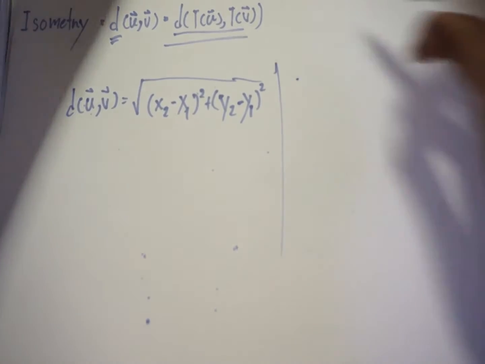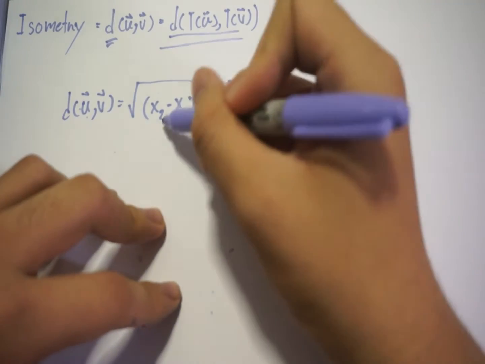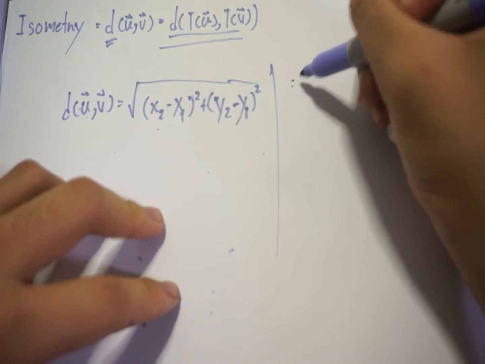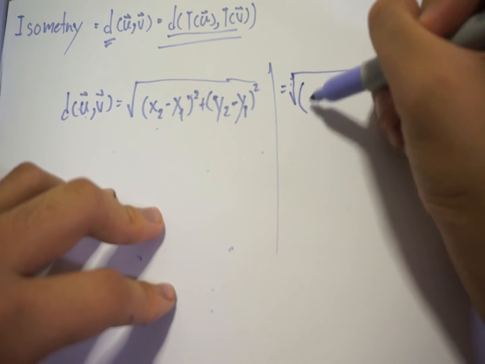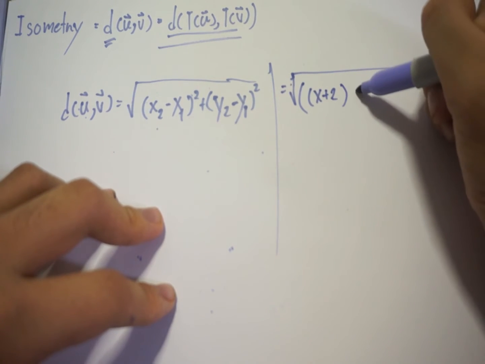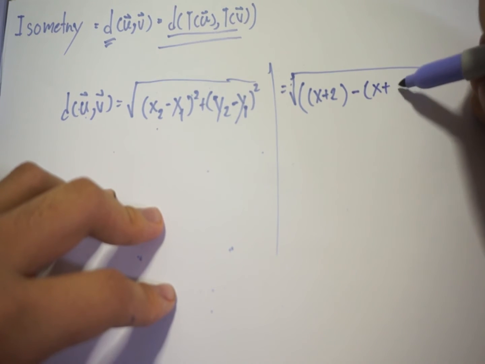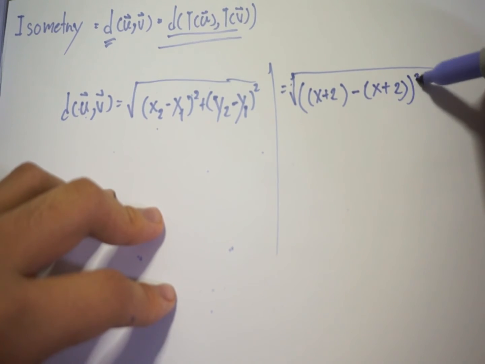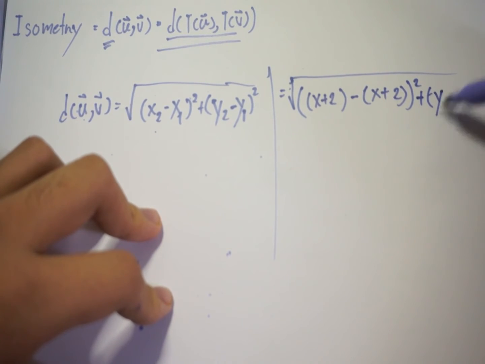Okay, we're going to put the general form inside x1, x2. That means we have to do this. x1 is plus 2 from the general form, and x2, which is also a plus form, together squared, and then y plus 2, negative 2, y plus 2.